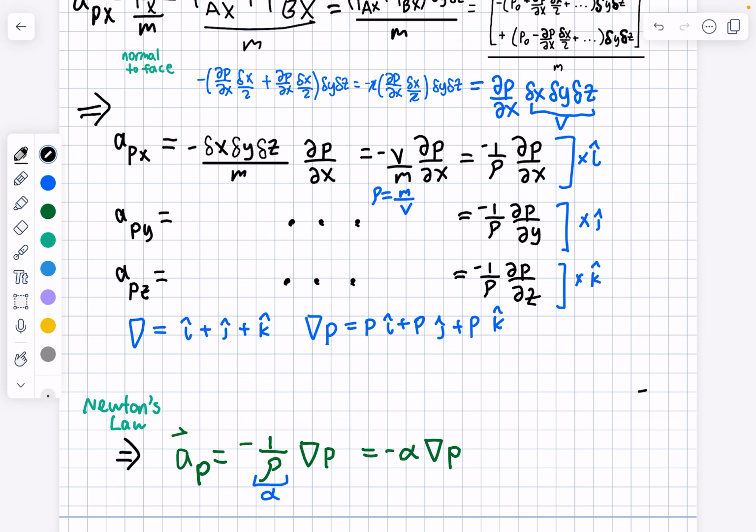We're trying to combine them into this vector acceleration of pressure gradient, and using this we can get that it's negative 1 over rho times gradient of p. And from thermodynamics we can also write this as alpha, the specific volume, to make it more simple, kind of get rid of this fraction. Just a neat trick for doing that.